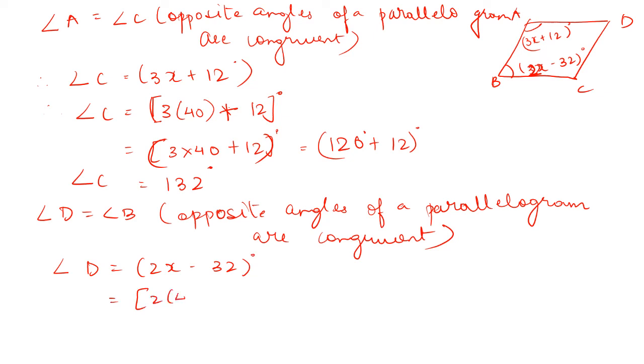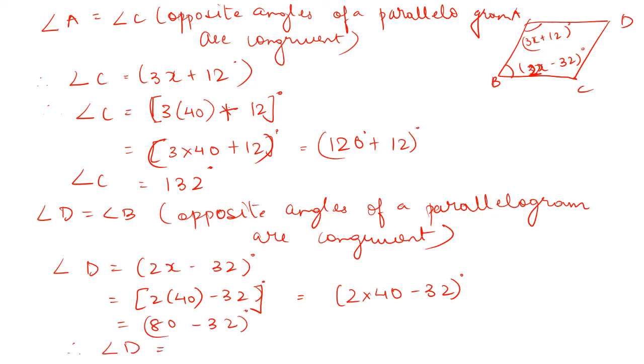So 2 into 40 minus 32 degrees, that is 80 minus 32 degrees. Therefore angle D is equal to 48 degrees. So your answer is angle C is equal to 132 degrees, angle D is equal to 48 degrees, and the value of x is equal to 40.